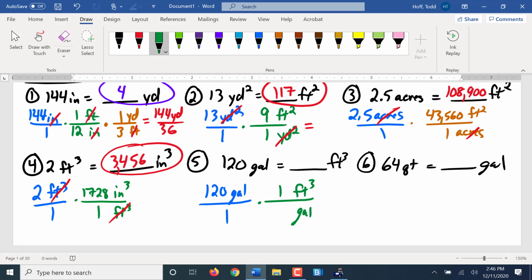It takes 1.5 5-gallon buckets to make a cubic foot. 1 cubic foot is 7.5 gallons. So the gallons cancel out there. We've got 120 cubic feet divided by 7.5, which is 16 cubic feet. Perfect.